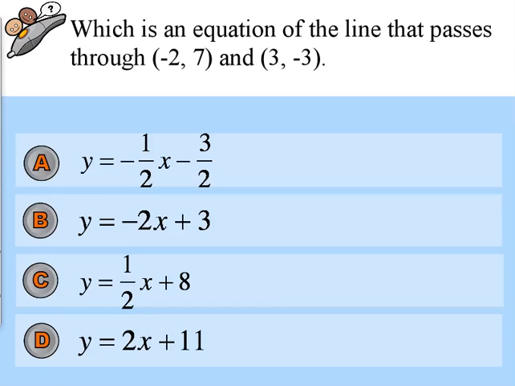Now what you need to do, write your equation, so you've got y. It should be on the top, 7 minus -3.